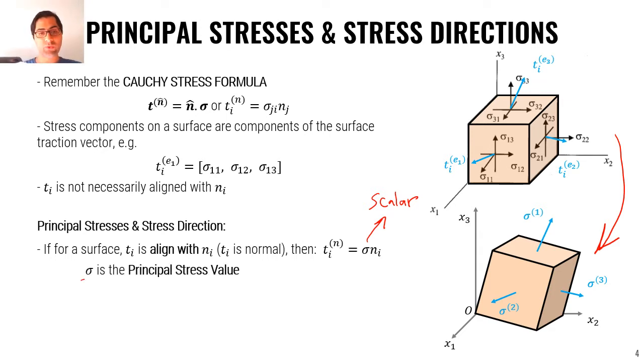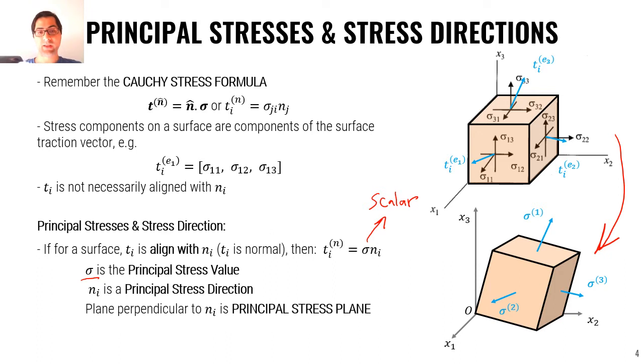These normal stresses, sigmas, which are scalars, we call principal stress values. And the normals to these surfaces are principal stress directions.